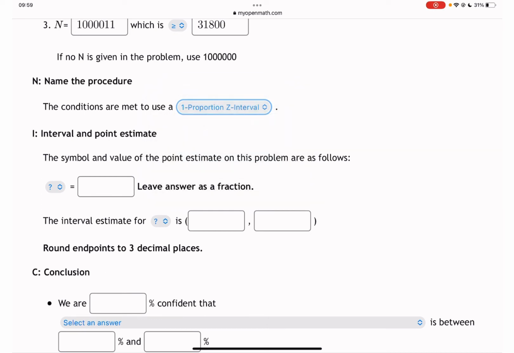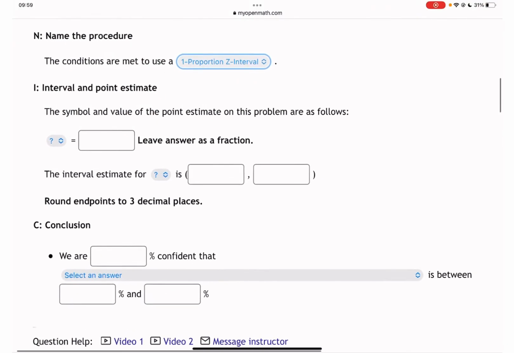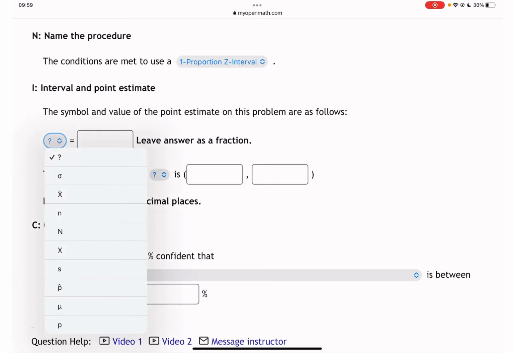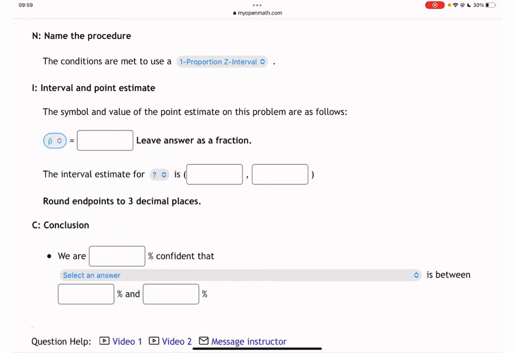First one is proportion, and z interval. So we're going to use proportion. The symbol and value of the point estimate for this problem are as follows. P hat is the point estimate for proportion.